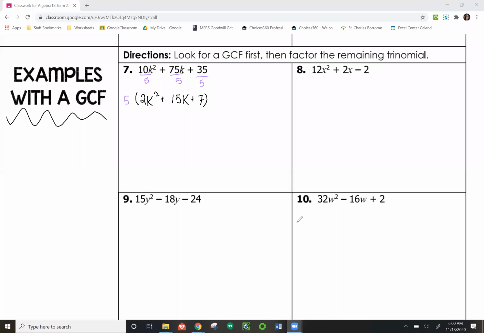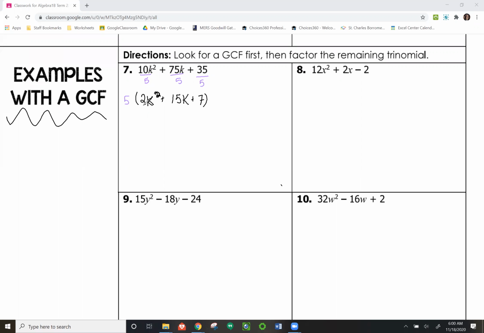Okay, so now let's take our remaining polynomial. It's a quadratic specifically because it has a k being raised to the squared power. That's the highest power, so we call it a quadratic. Let's look at that quadratic and see if we can factor that more.